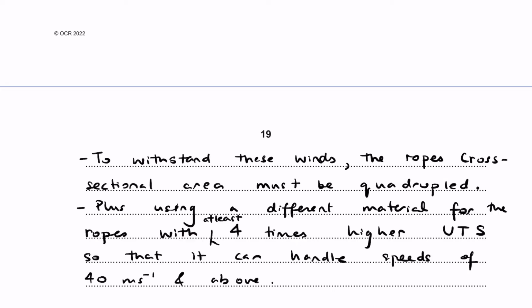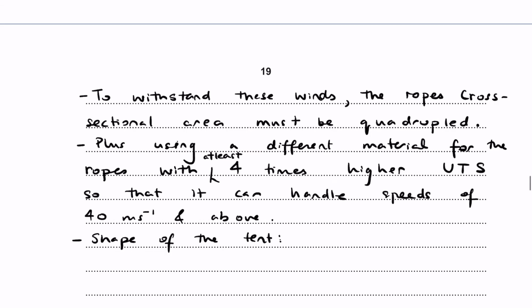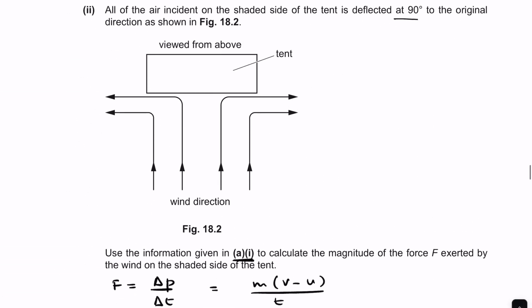Now let's talk about the shape of the tent. We can certainly change that, and I'll explain it using the diagram. The shape of the tent should be more streamlined. At the moment, the winds are hitting at 90 degrees.